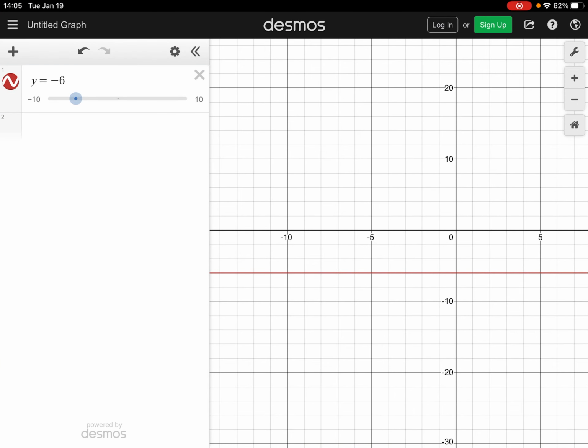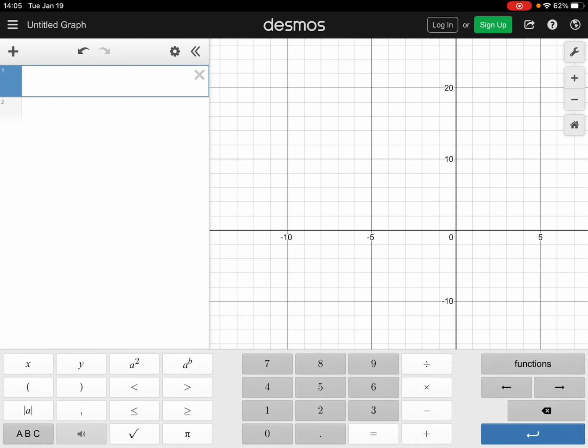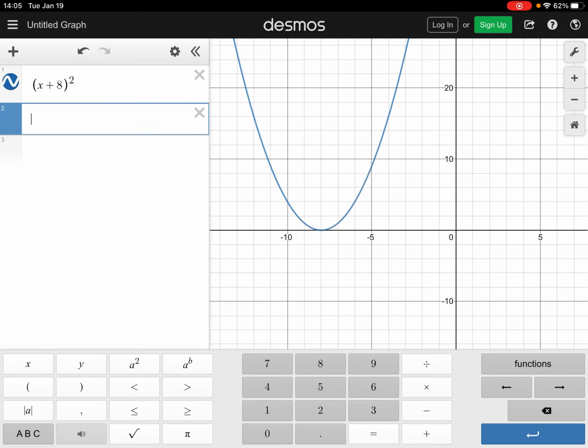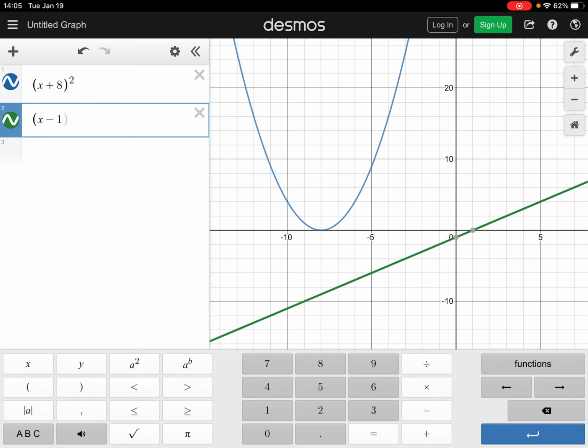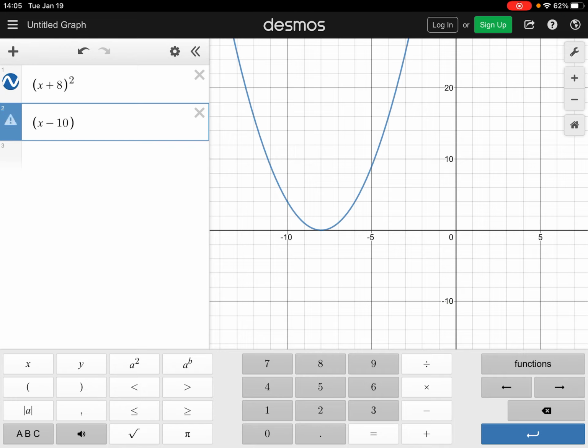For the next one, same idea. So it was x plus 8 squared on the left, and it was x minus 10 raised to the 5/2 for the second one.